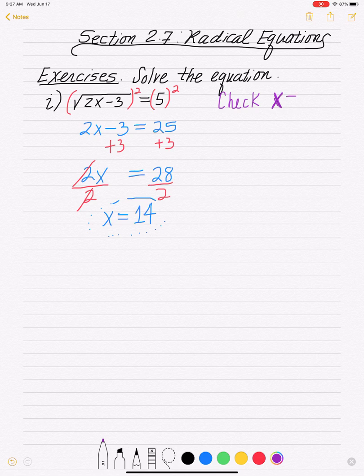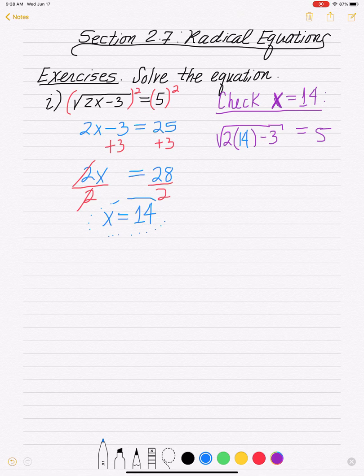So you need to check them every single time. I'm going to check x equals 14 in the original equation: 2 times blank minus 3 under a radical equals 5. That was the original equation, before we squared both sides. So I'm going to plug 14 in and see if this checks out.